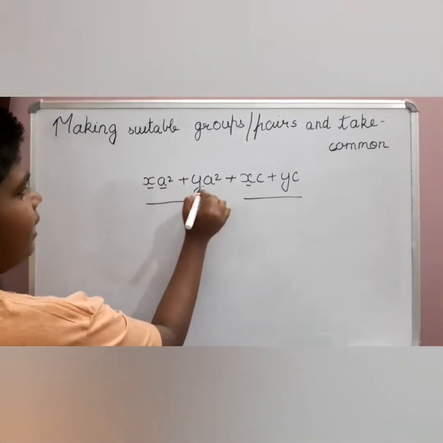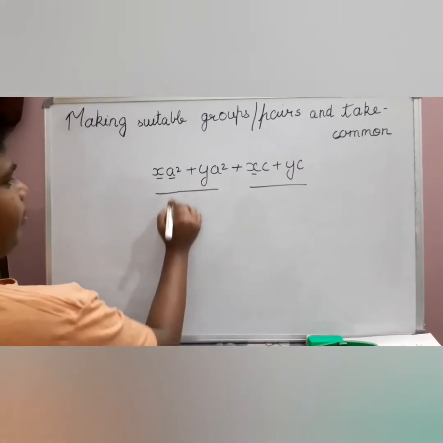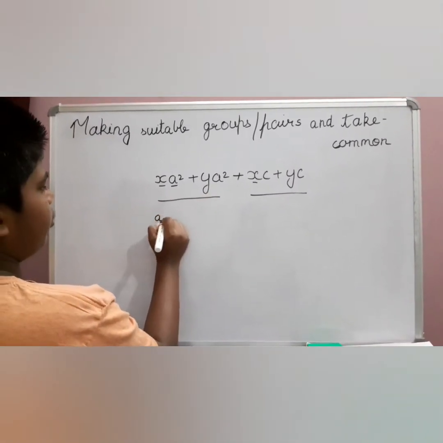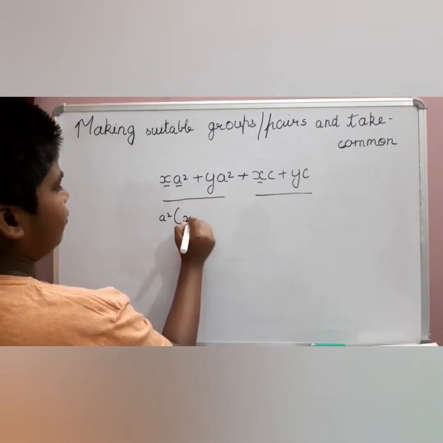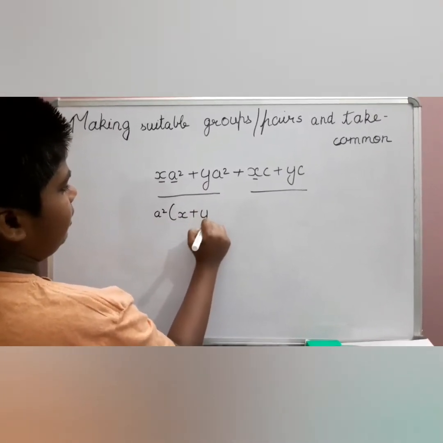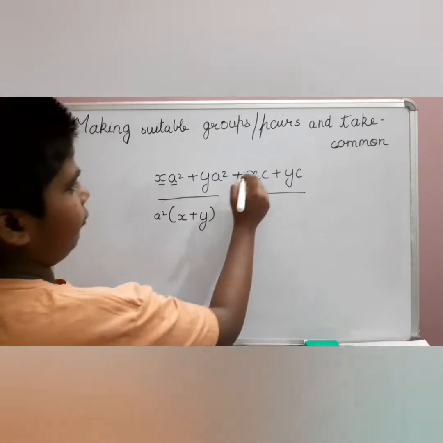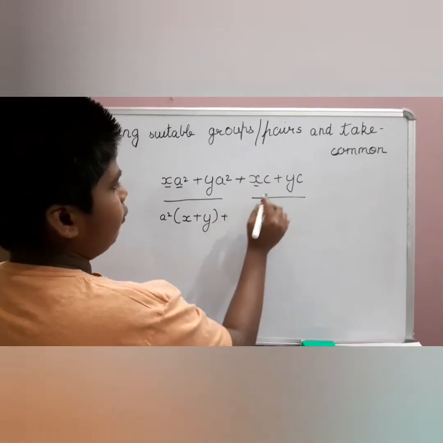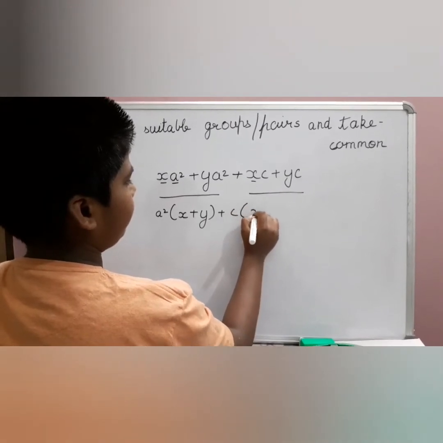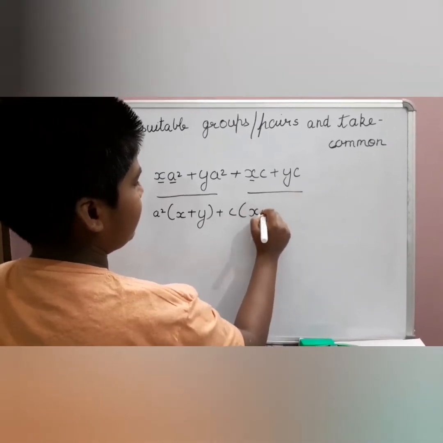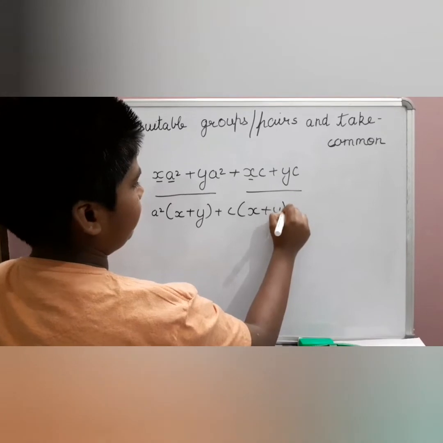Now from this pair, a square can be taken common, so x plus y will be left. And from this pair, we take c common, then x plus y will be left.